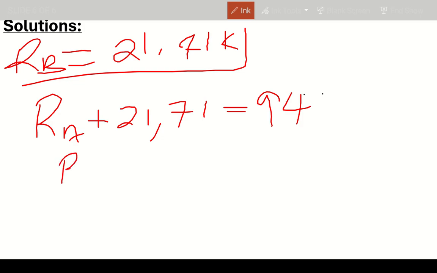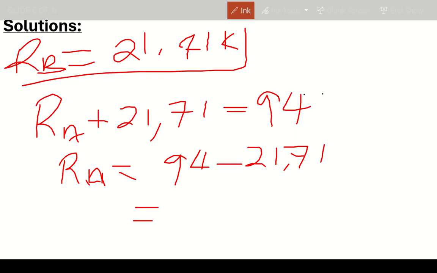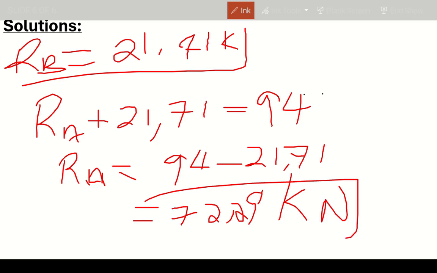Then this one is RA. Then we take the 21.71 to the other side, which is 94 minus 21.71, which gives us 72.29 kilonewtons.